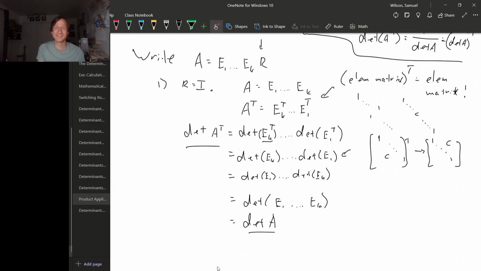This is pretty surprising. Oh, I guess we need to prove it for the case where the reduced row echelon form isn't the identity. Okay, so second case: the reduced row echelon form has a row of zeros.